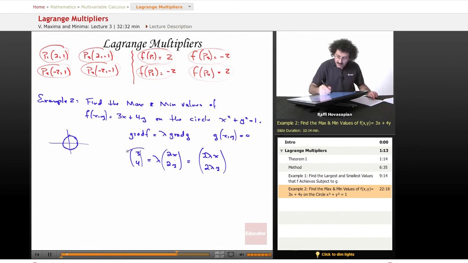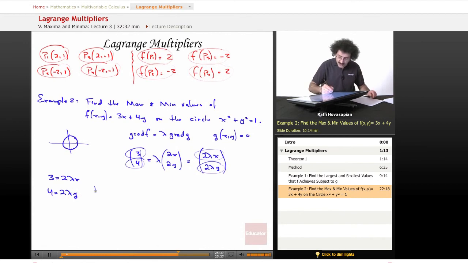So this corresponds to that, and this corresponds to that. We have the equation 3 equals 2 times lambda x, and 4 equals 2 times lambda y.